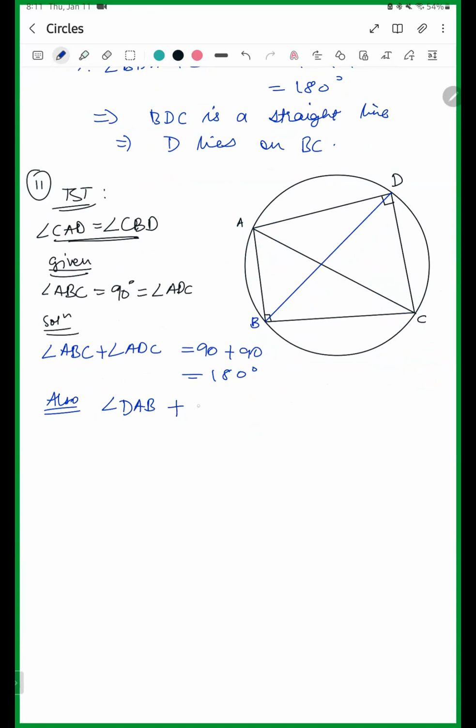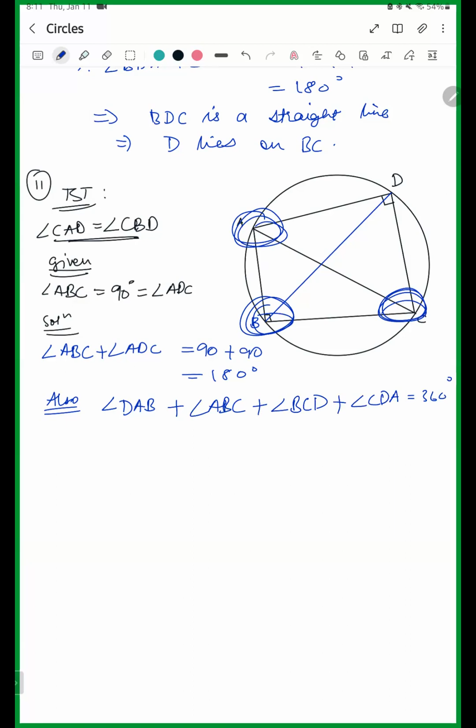Angle DAB plus angle ABC, this one, plus angle BCD, this one, plus angle CDA, this one, the last one, is equal to how much? 360. Why? Because of the angle sum property of a quadrilateral.